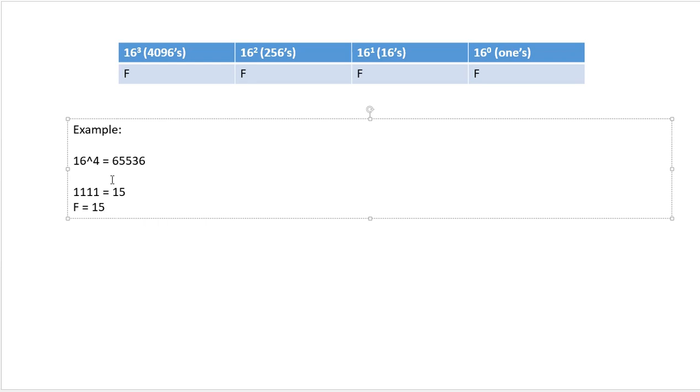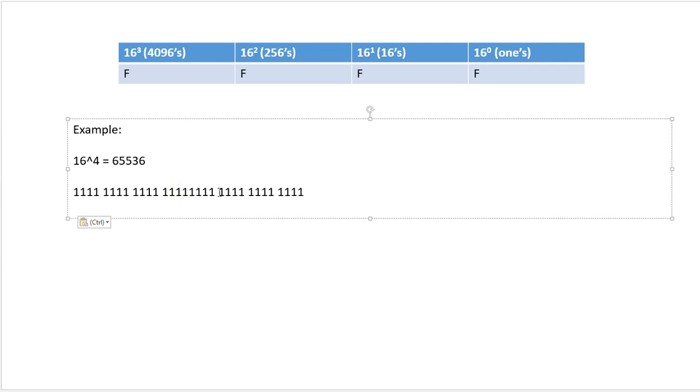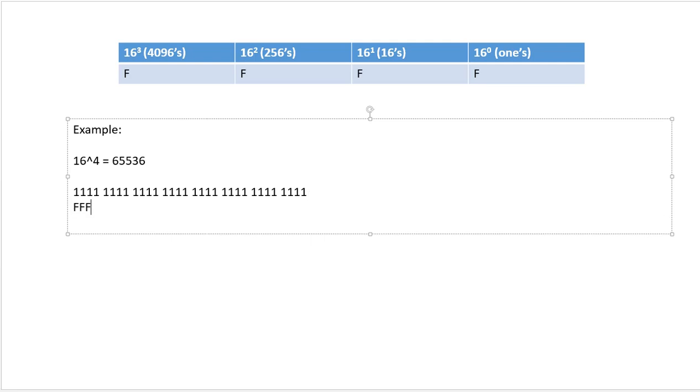So if we have 32-bit color, what would be shown as 32 bits in binary, with 4, 8, 12, 16, and so on, we can simply simplify it down to a quarter, so it would be something like F, F, F, F, F, F, F, F.